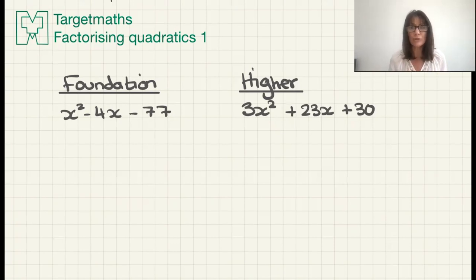There is an exception, which we will see, but on the whole, that's your go-to. So you first of all read that you need to factorize. You look at how many terms there are, and you know that there are three, so it will be two brackets. So your answer is going to have these two brackets.